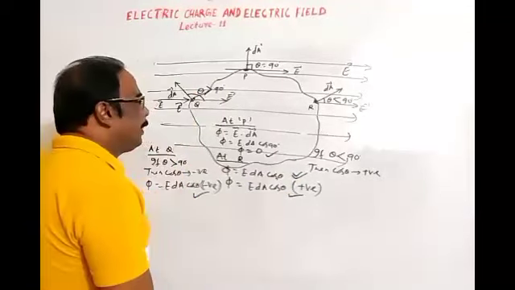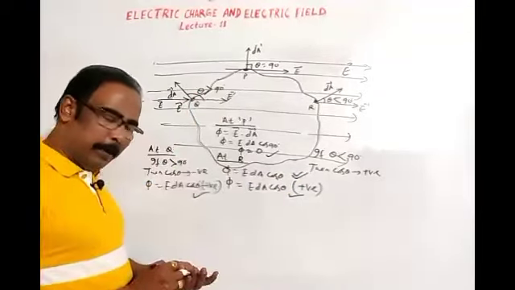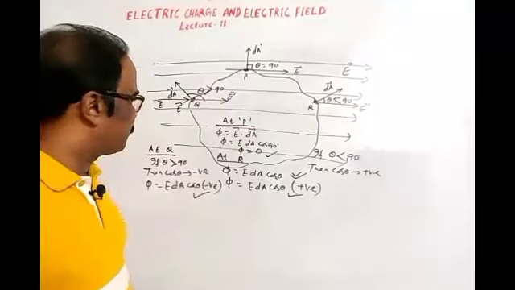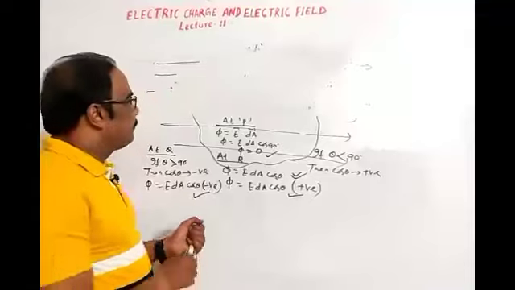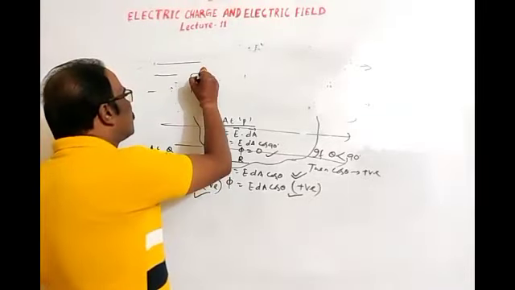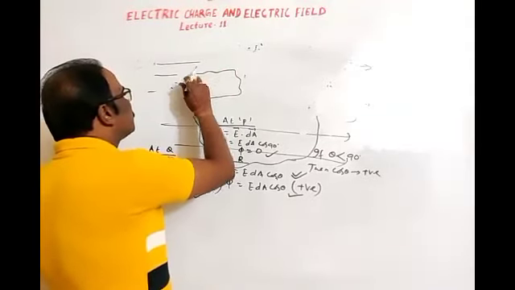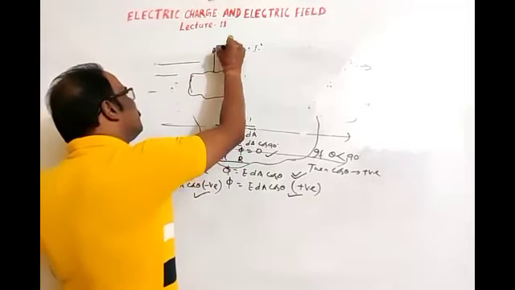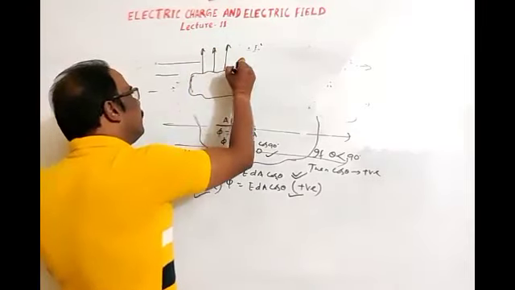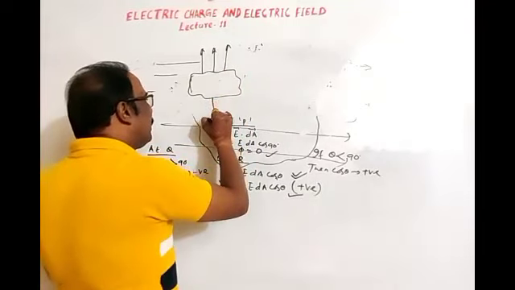And in a general way, we may say, for a closed surface, I am showing two closed surfaces. This is a closed surface. Okay, outward flux, you may take in all directions.